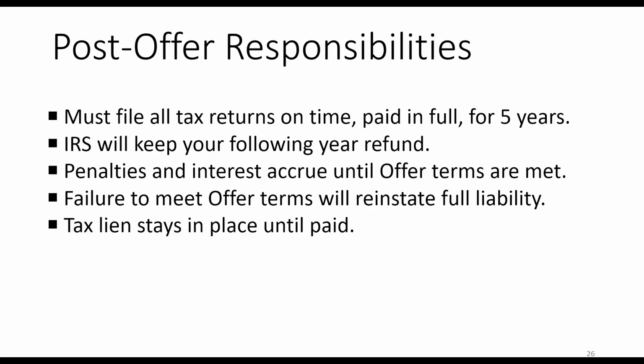And yes, the tax lien will stay in place until it's paid. So if you go the extra 5 months to pay it, or you're paying it over the 24 months, then the lien will be released once that time frame is up, and generally I believe it's usually a 30-day time frame for that to release. Next slide.